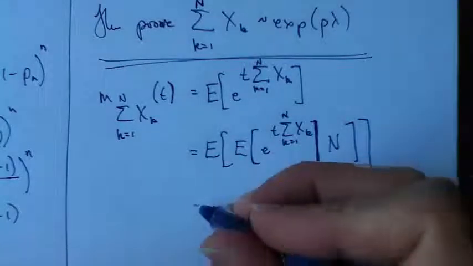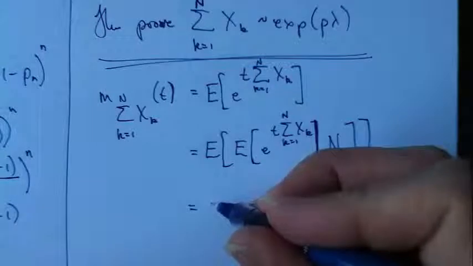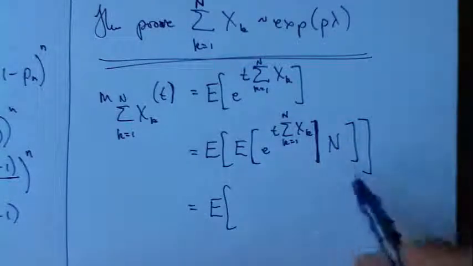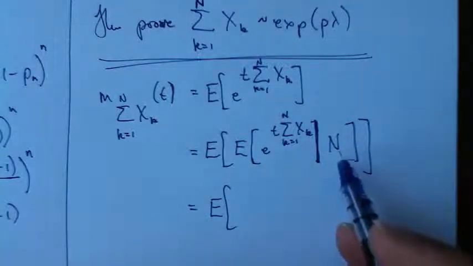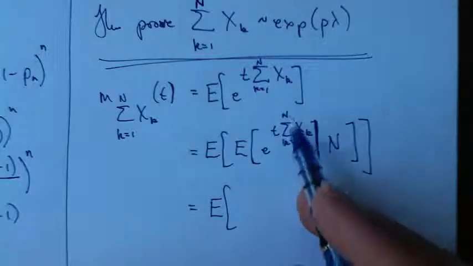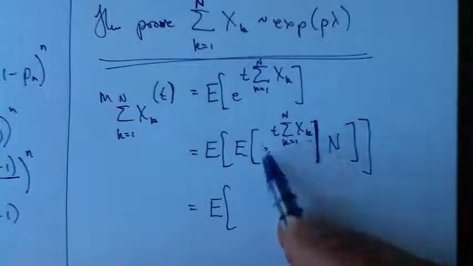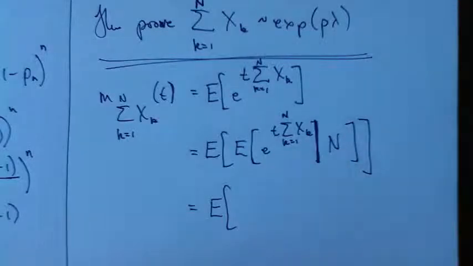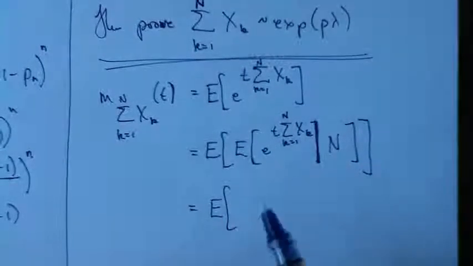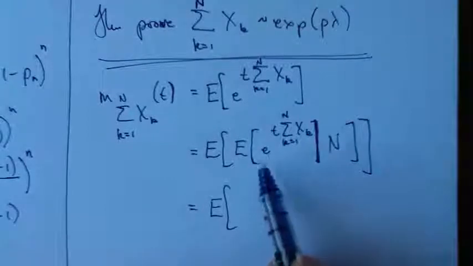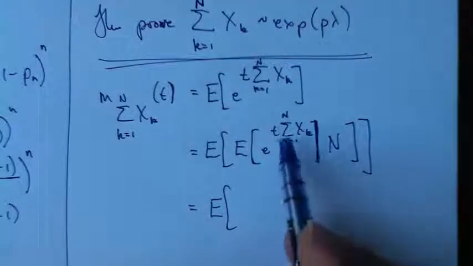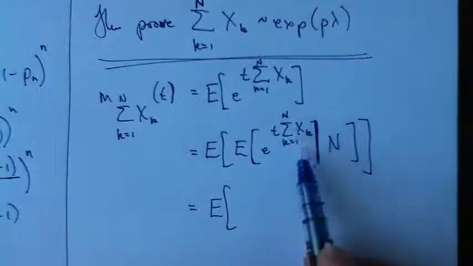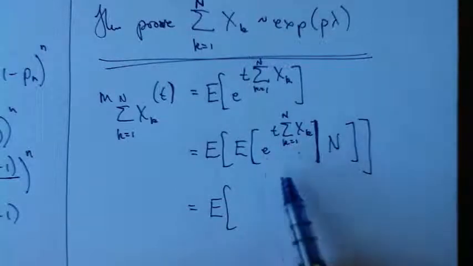So now I can write this as the expected value of, if I know what N is, say it's 5, what's the expected value of all of this stuff? It's going to be the moment generating function for a gamma.